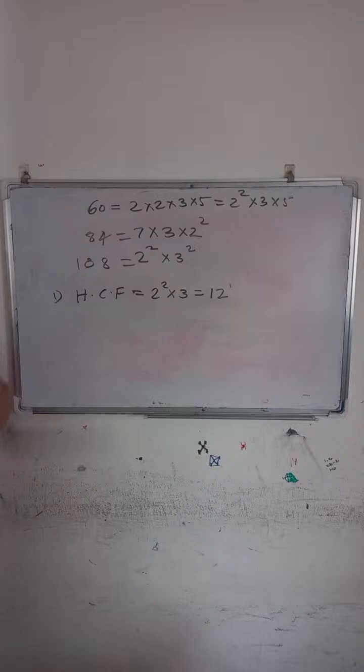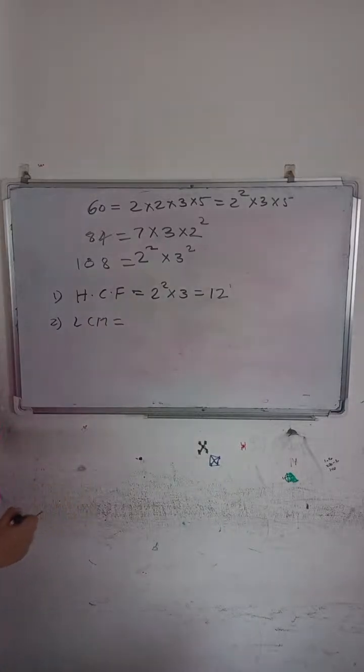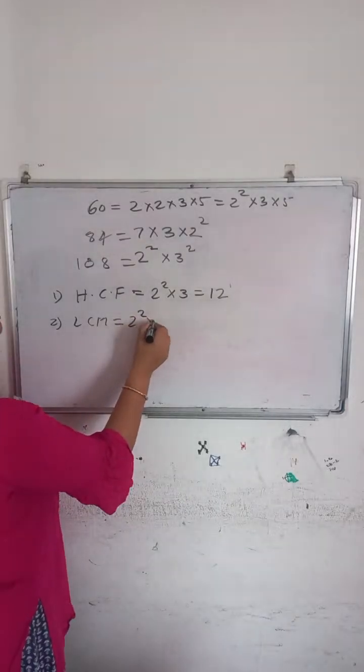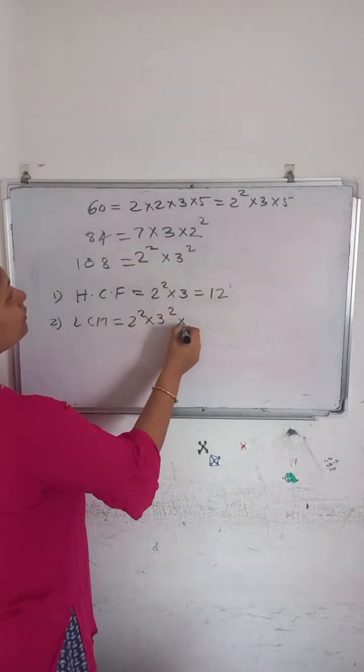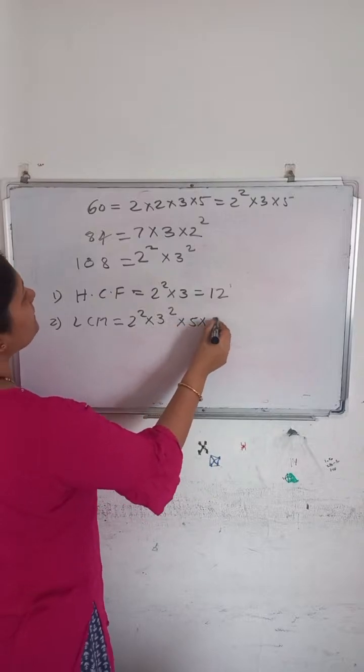Then what is the LCM? LCM is the product of each number with its highest power. So here 2 raised to 2, 3 raised to 2, 5 and 7.